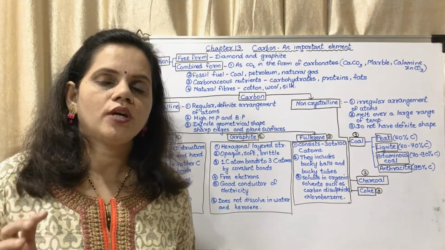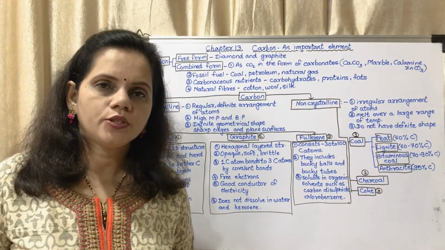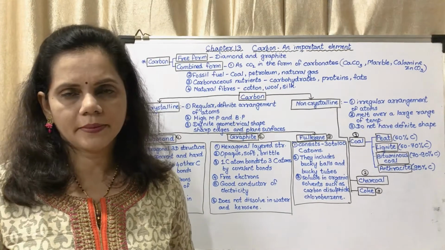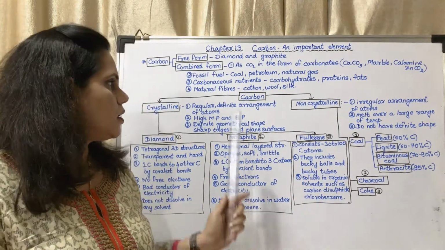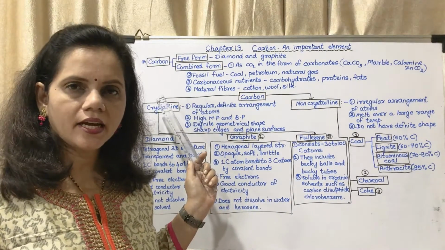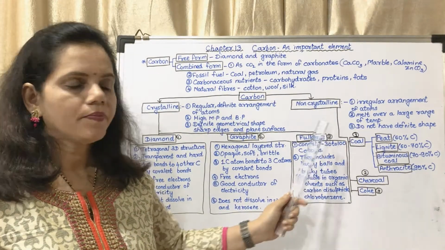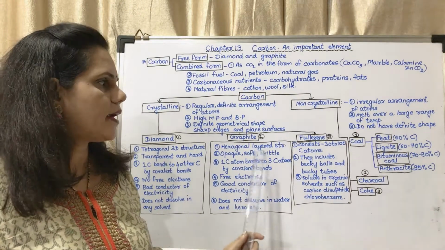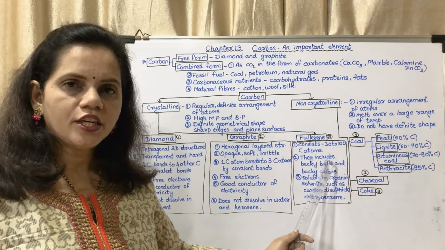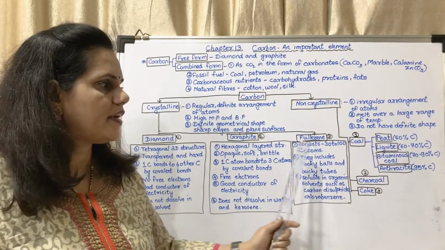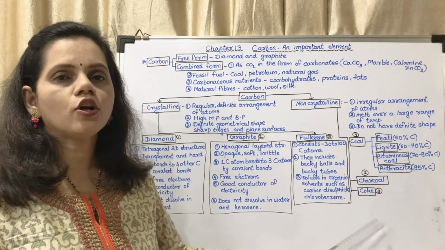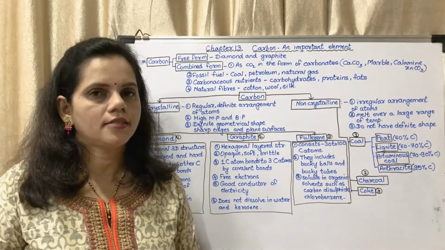The questions which you have to study are: distinguish between diamond and graphite, then the properties of crystalline allotropes of carbon, non-crystalline allotropes of carbon, the properties of diamond, graphite, fullerene, the uses of diamond, graphite, fullerene, coal and coke, as given in our syllabus.